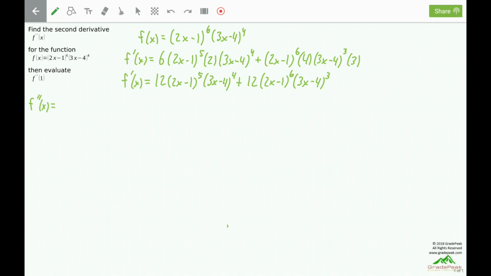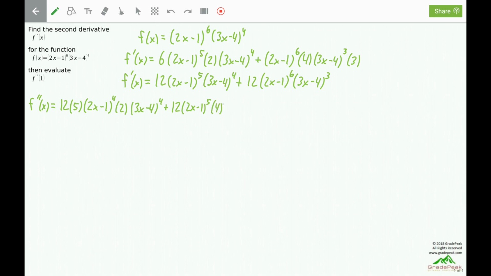f double prime of x will be, so we're going to work with this term first, which is the product rule. We're going to take the derivative of the first, bring the 5 down, multiply it with the 12, subtract 1 from the power, multiply by the derivative of the inside to complete the chain rule, times the second left alone, plus the first left alone, times the derivative of the second.